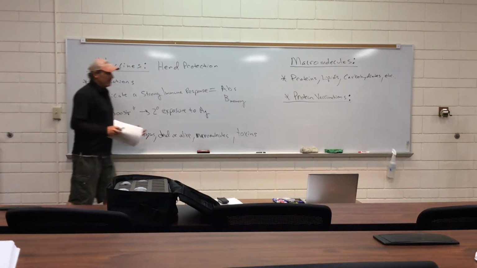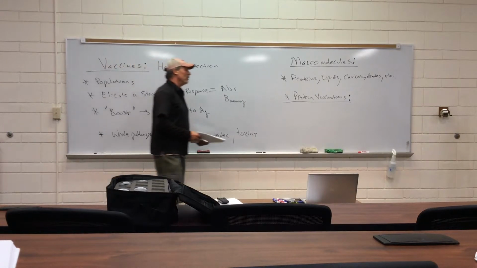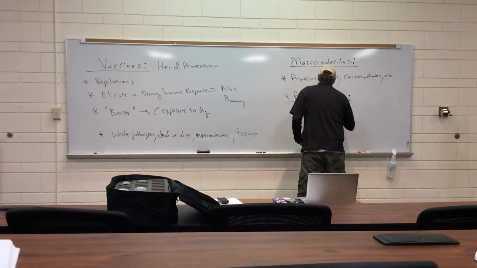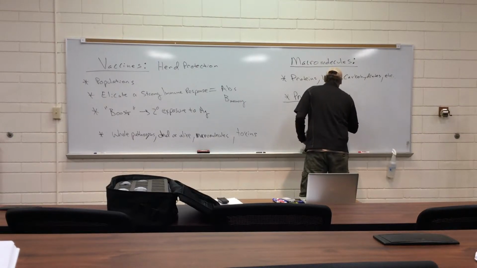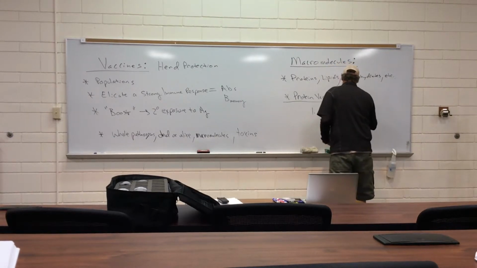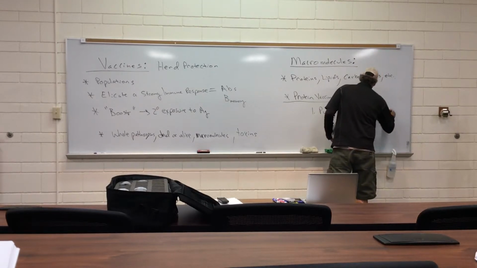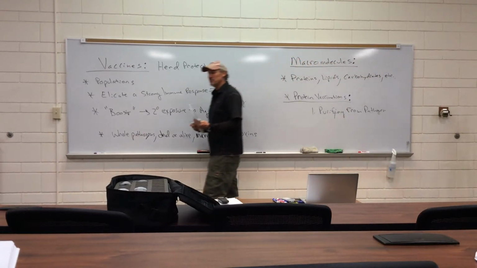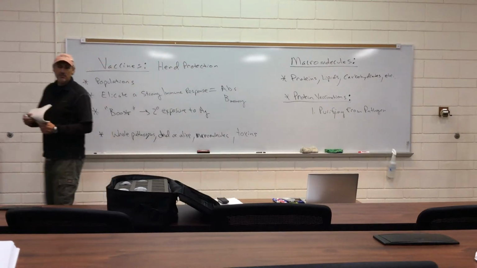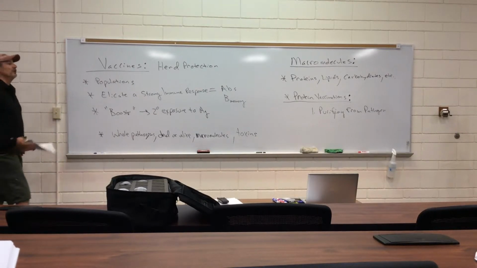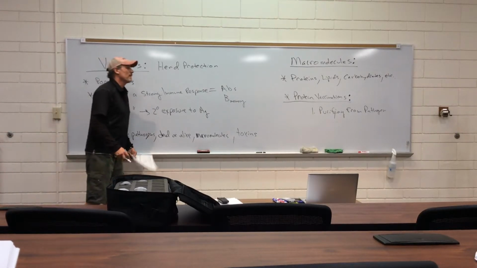And we can develop these protein vaccinations either by, one, purifying from the pathogen itself. That means you have to break the pathogen up, isolate the protein, purify it down. We do that, but it results in very low yields and is very time consuming.